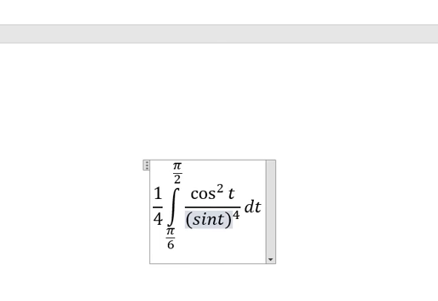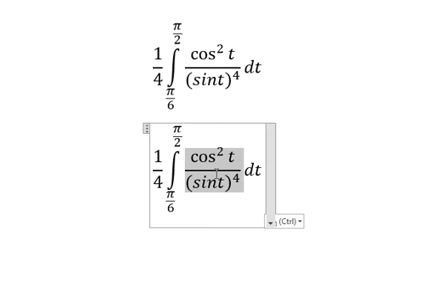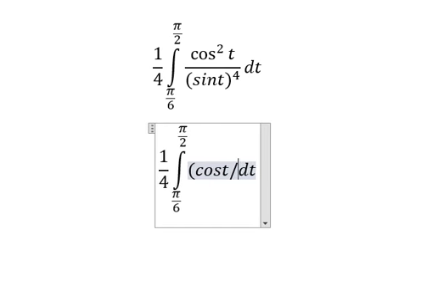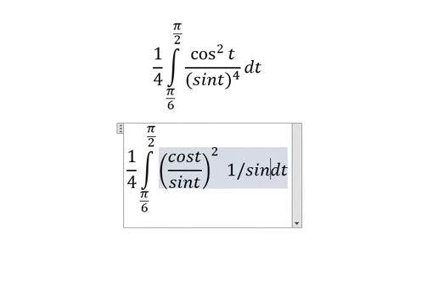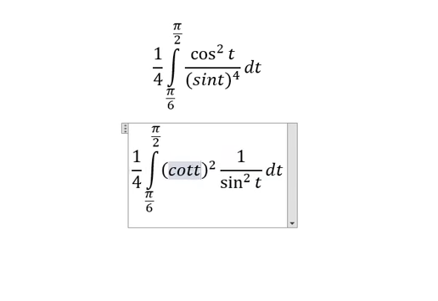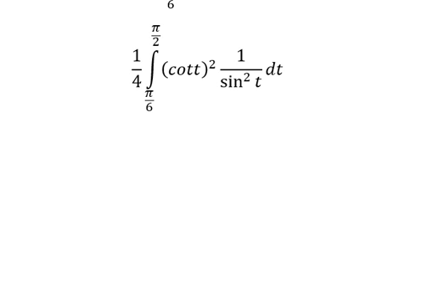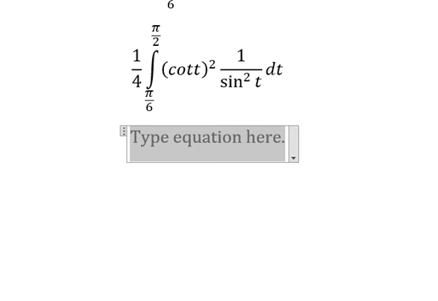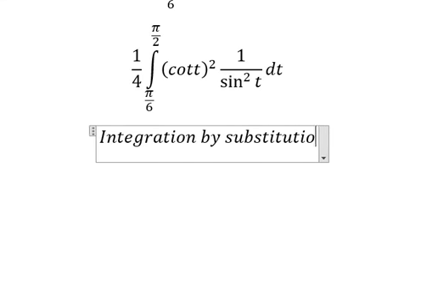Next, I will put cosine t over sine t square multiplied by 1 over sine t square. And this one we change for cosine t. Next, we need to use integration by substitution.